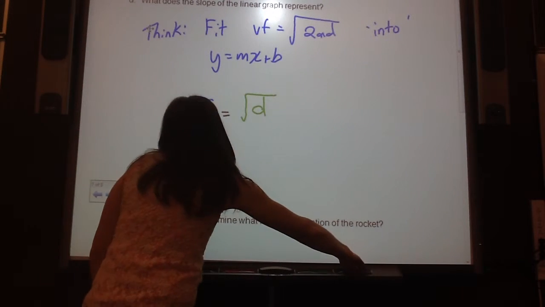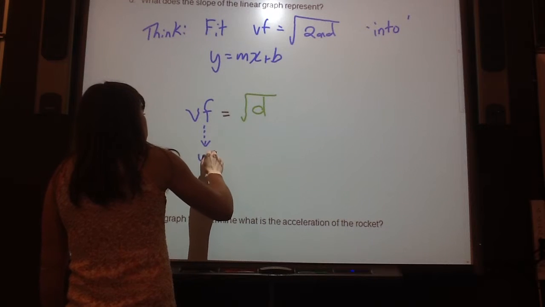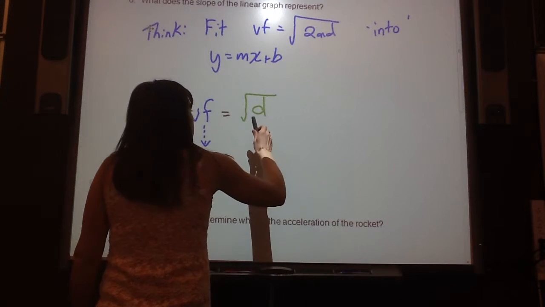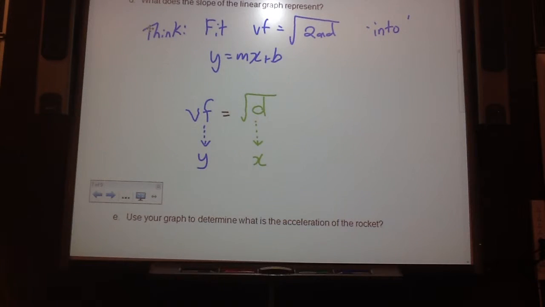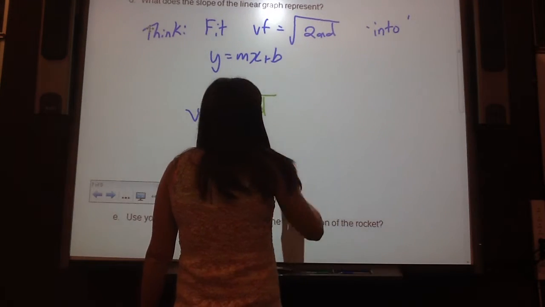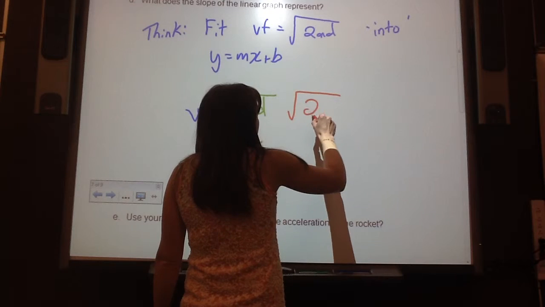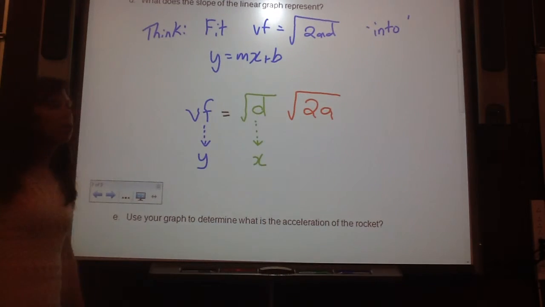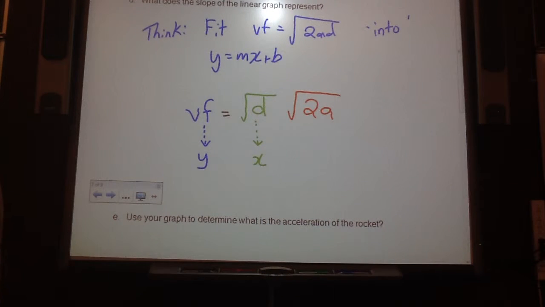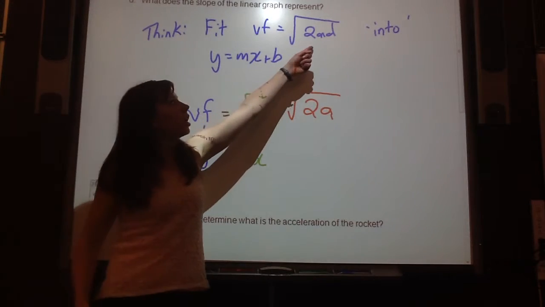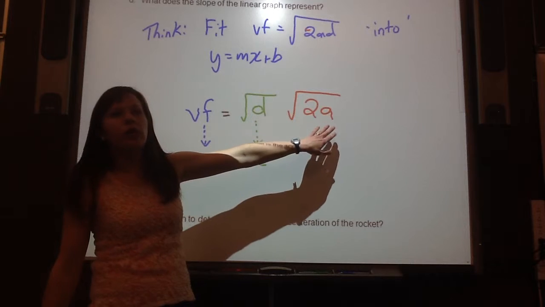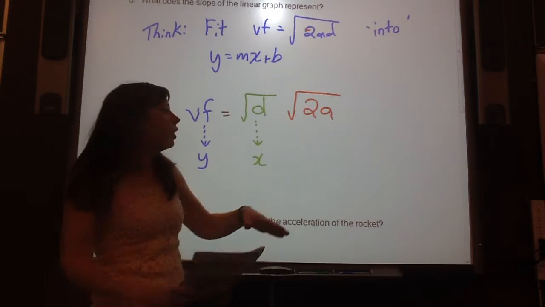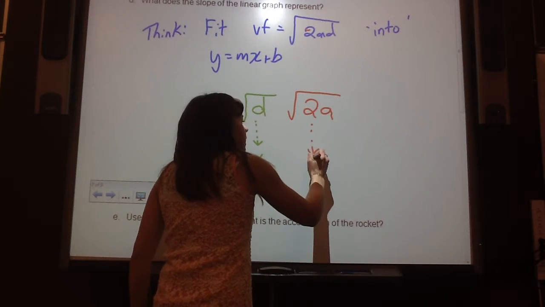So here, it's my y. Here is the x. What is left over? Times the square root of 2a. That's everything that's left over. If I broke that chunk into this and this, it means the same thing. You agree? So this is my m.